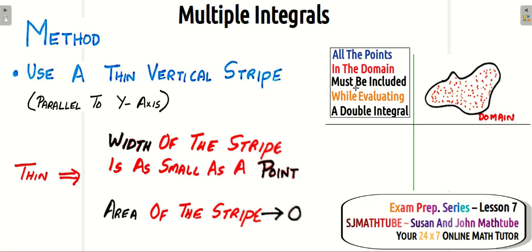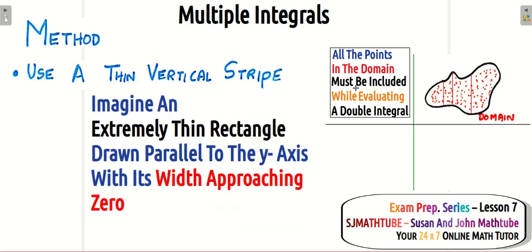Or you can think about the area of the stripe being very small that it approaches zero.